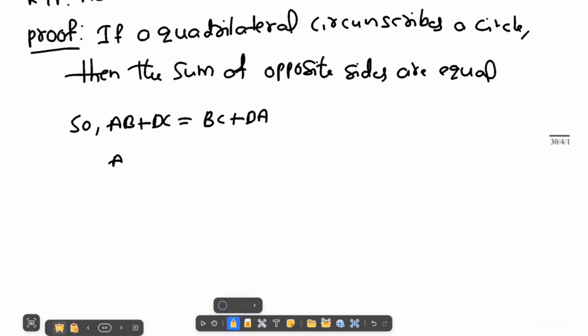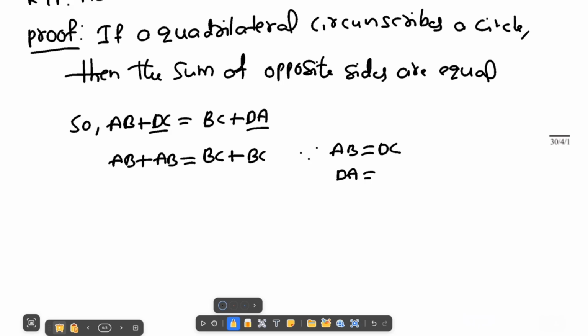So in place of DC, you can write one more AB, and in place of DA, you can write one more BC, since AB equals DC and DA equals BC. Now we have 2 times AB equals 2 times BC. Cancel the 2, and we have AB equals BC.